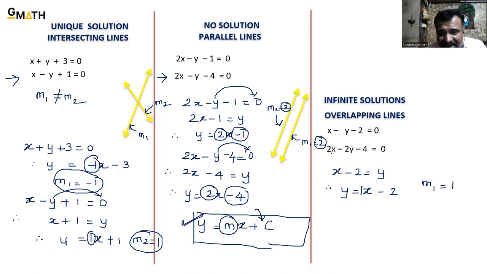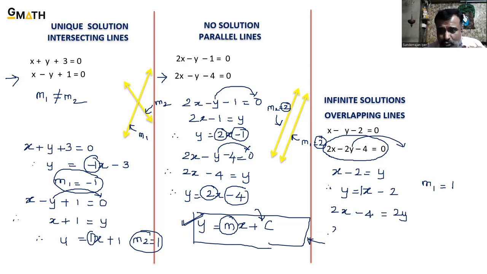Now the second equation also we will write in the slope intercept form. So 2x minus 2y minus 4 is equal to 0. We'll transfer this minus 2y to that side. So what we get is 2x minus 4 is equals to 2y. For writing in this form, we have to keep only y, not 2y.